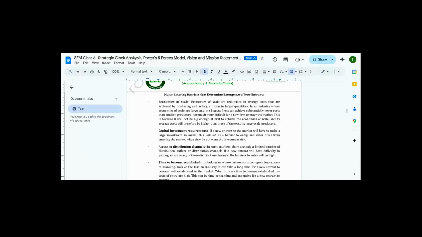Among the factors is access to distribution channels, because if they don't have access to distribution channels, there is no way they can quickly create brand awareness, sell more of their products, and recover their cost of investment. Majority of the distributors are always reluctant to sell a new product. That is a hindrance for them.